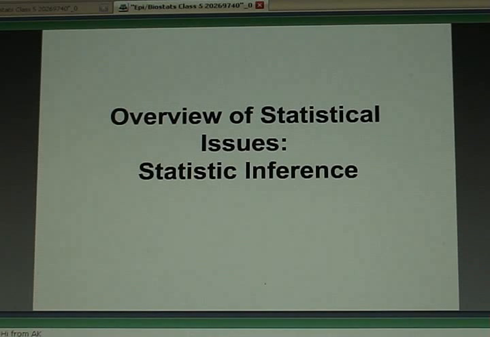But let me spend the rest of today talking about the issue of statistical inference. Statistical inference means making statements beyond your data set. You can do a data set like they did in the 2 studies we looked at, and come up with a risk ratio, an odds ratio, that perfectly describes what's going on in that data set. But you don't do studies just to describe the effect of a risk factor in one group of people.